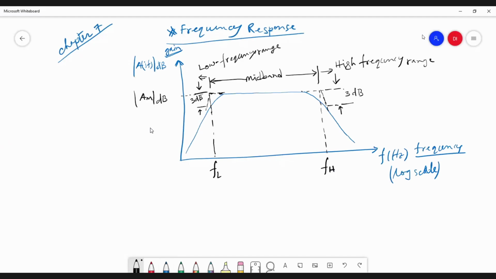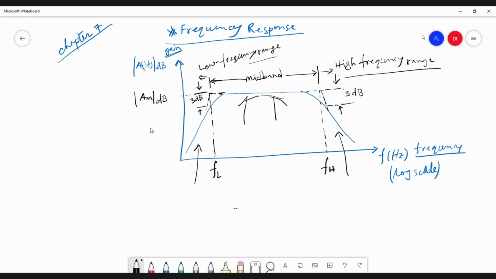In our previous analysis, when we considered the frequency constant, we usually analyzed it in this band. Now in the frequency response, we will see the low frequency and high frequency ranges as well. Previously we focused on the midband frequency. Now we will focus on low frequency, midband, and high frequency, all together.